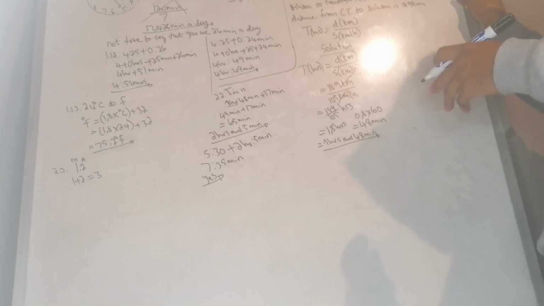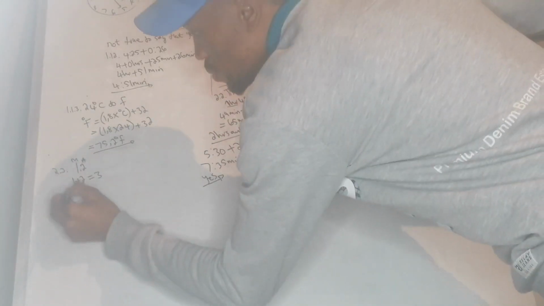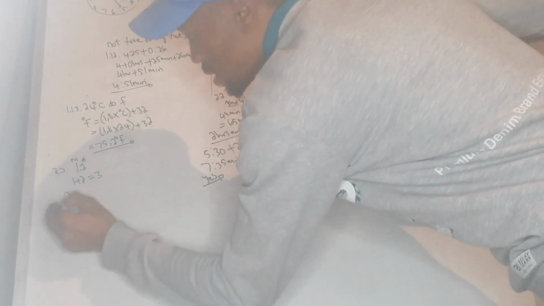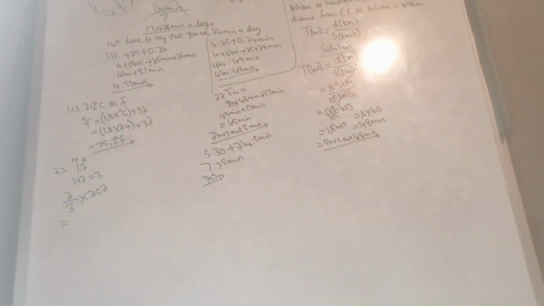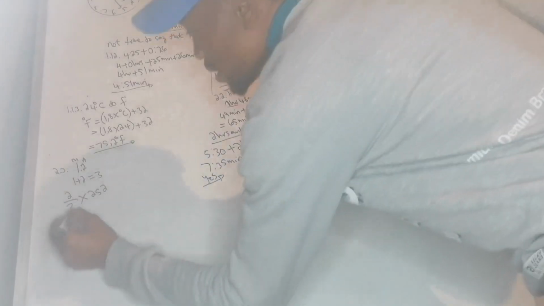For Ashton, you take 2, divide by 3, and multiply by the total number of boxes, 252. 2/3 multiplied by 252 is 168.